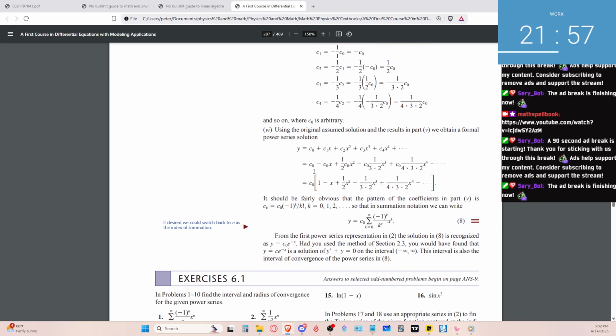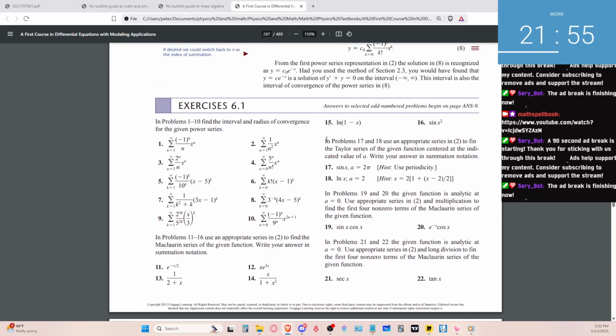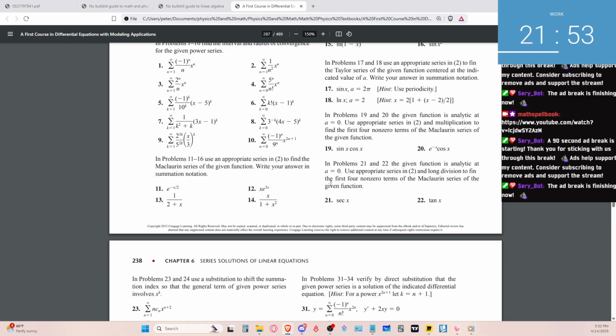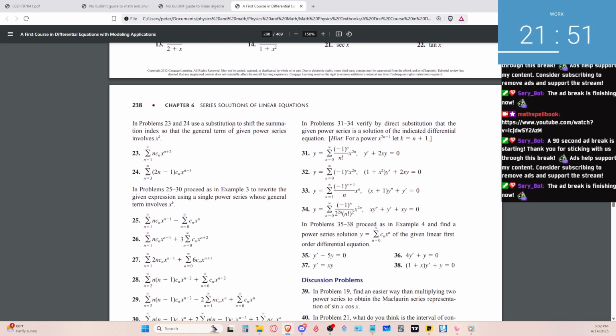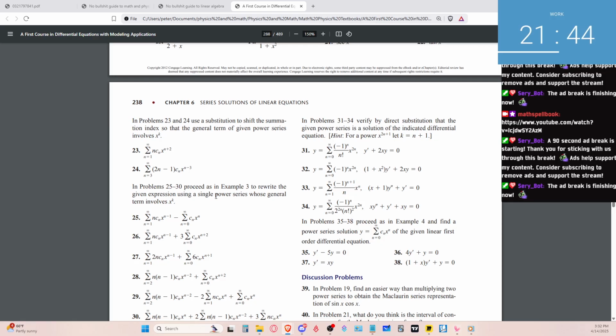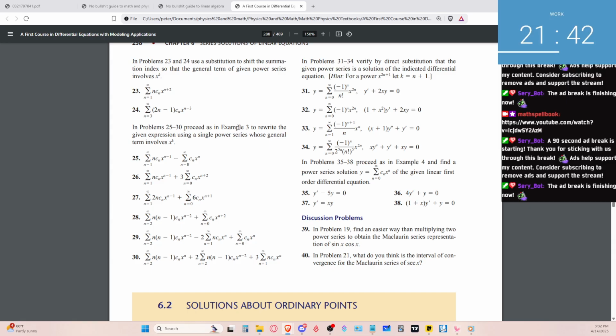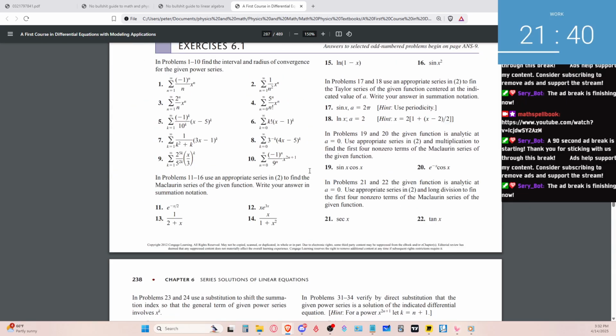Let's see, find the interval of convergence. Use the substitution to shift the summation. So proceed like in example 3. Rewrite the expression. Okay.